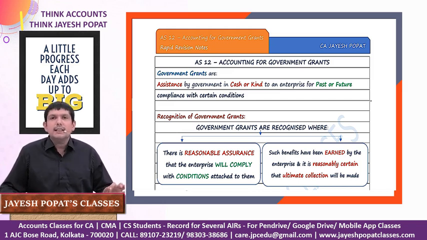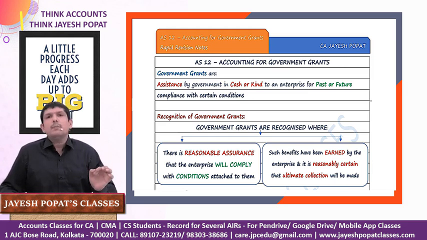Basically these government grants are help or assistance which is provided by the government. This assistance can be in the form of cash or in kind, meaning some non-monetary assets may be provided, but this is provided to an enterprise for either the past or the future compliance of certain conditions.